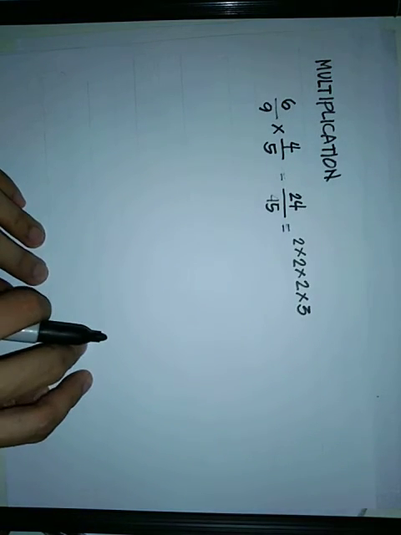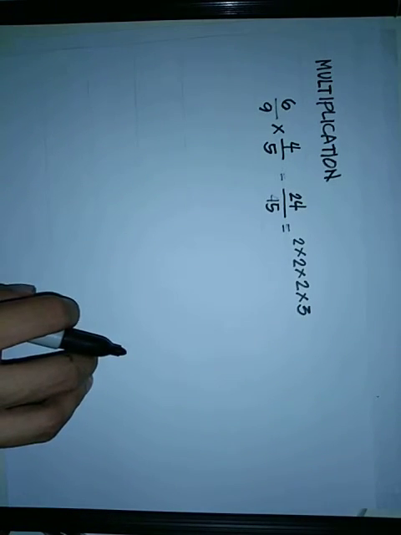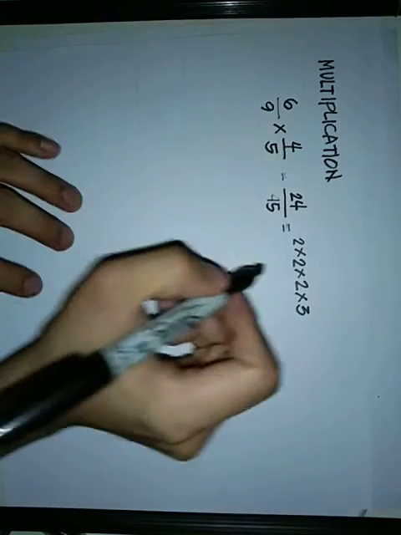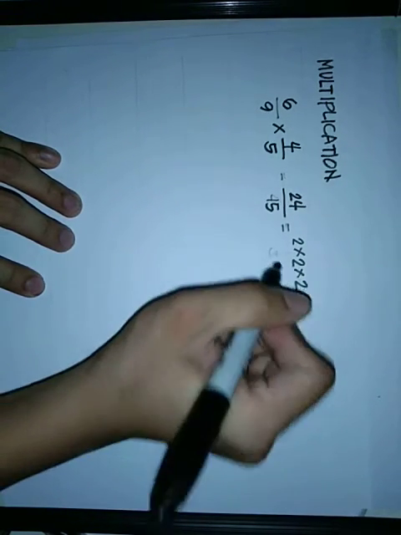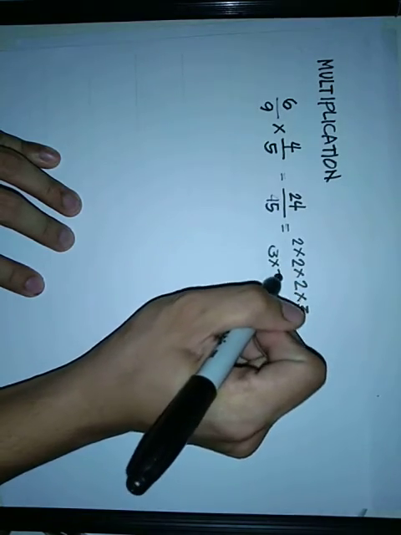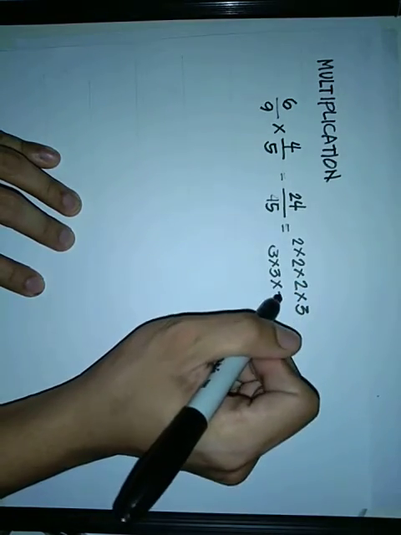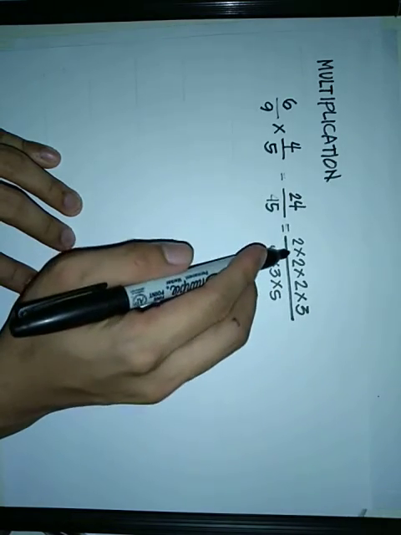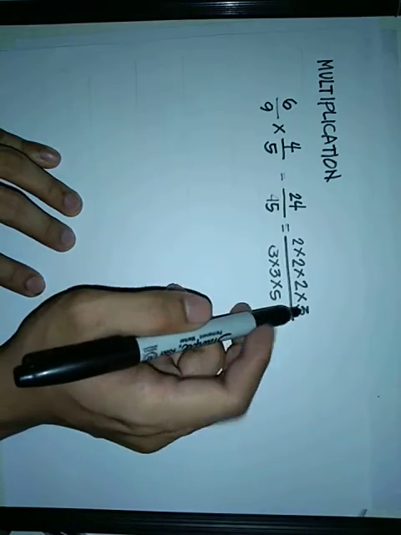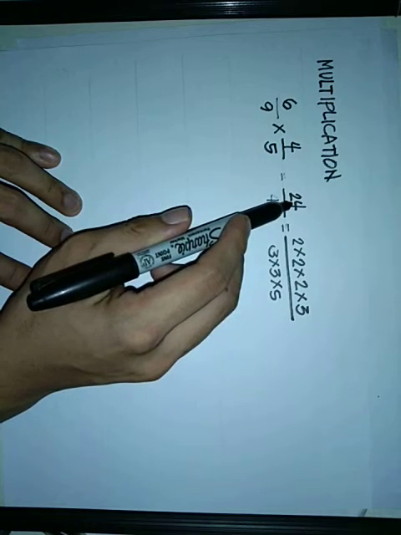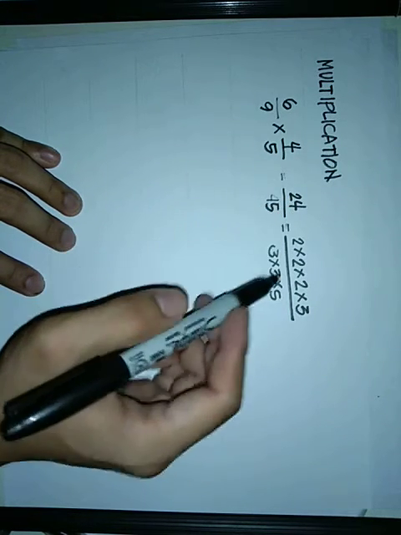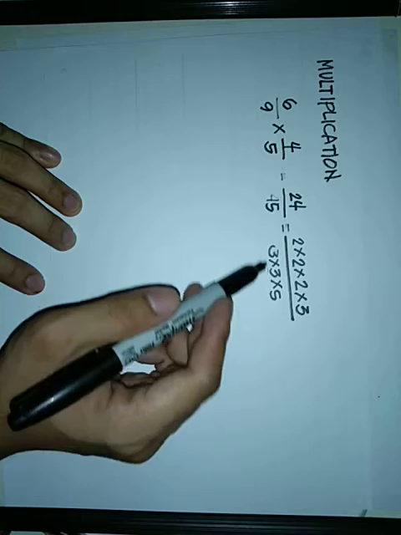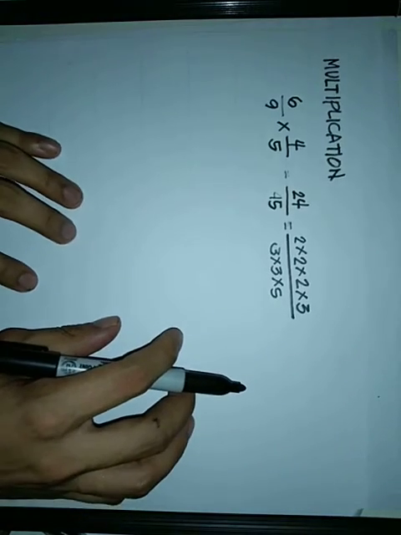Sunod naman natin alamin is yung multiples ng 45, and that is 3 times 3 times 5. So that is 2 times 2 times 2 times 3 is equal to 24, and then 3 times 3 times 5 is equal to 45.